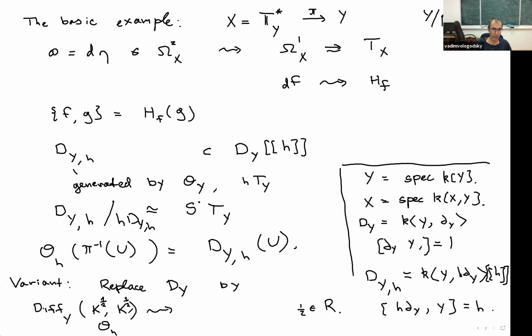Again, this is a filtered algebra. I can apply the Rees construction, and I will refer to the quantization that you obtain this way as the canonical quantization of the cotangent bundle.